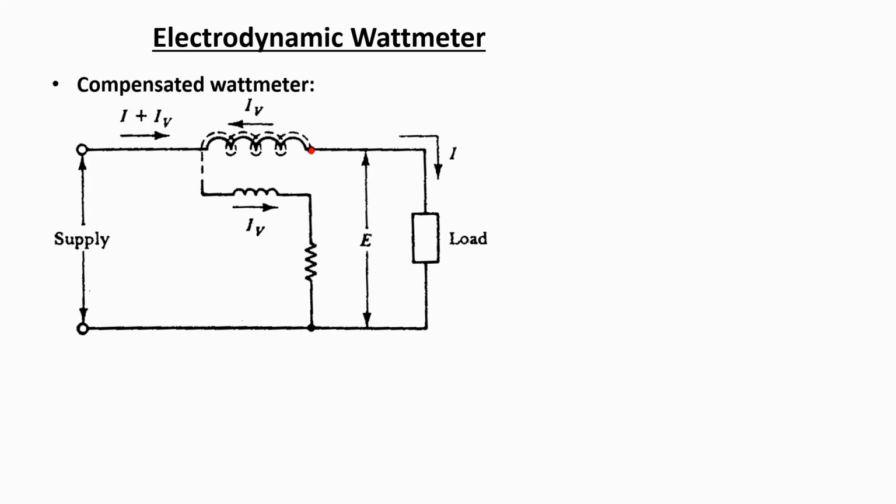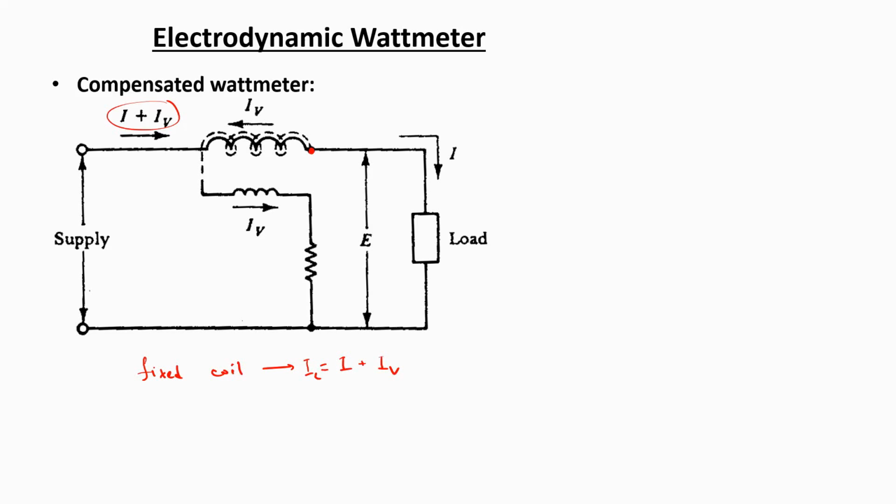Now again, if we try to write the expression for the field coils, the current that is flowing through the compensated winding will also come into effect, because let's say the flux which is produced by the field coils is due to the current I plus IV. So the fixed coils produce flux due to the current I plus IV, which is the fixed coil current or the current coil current.